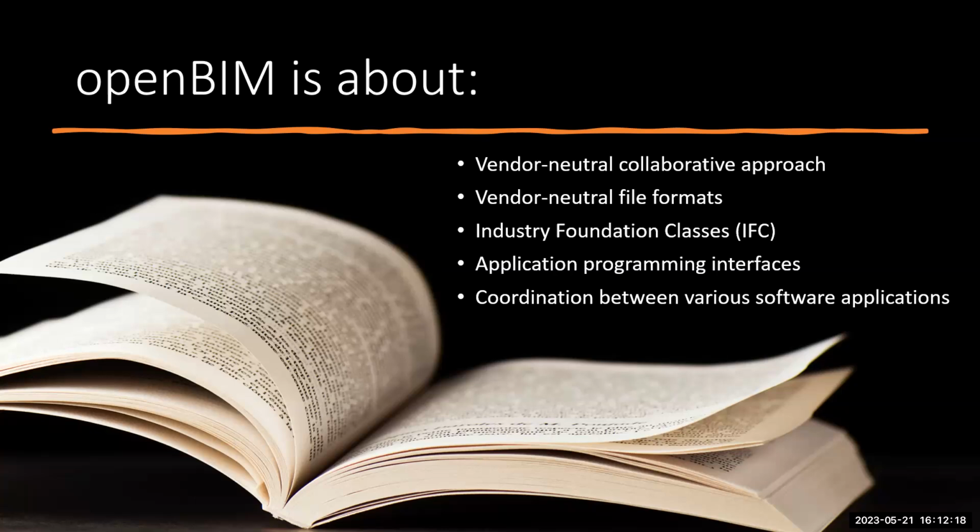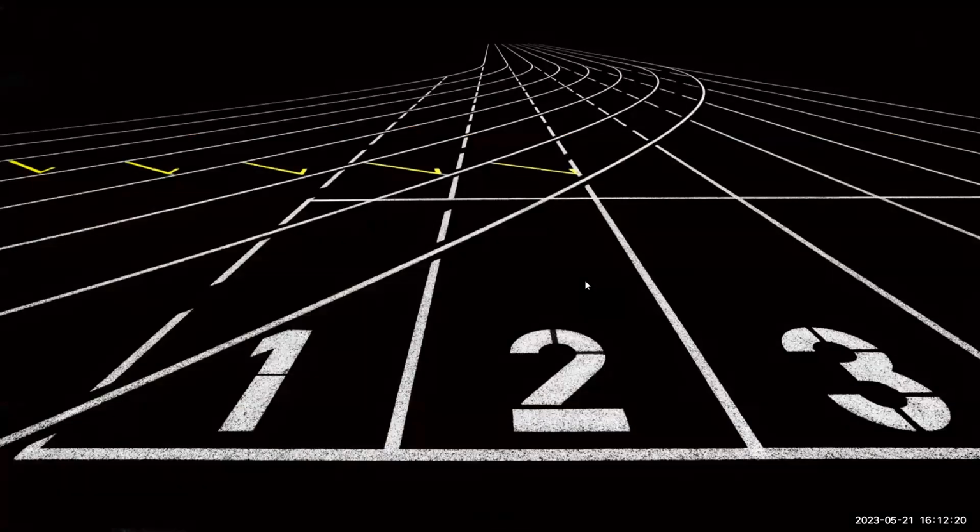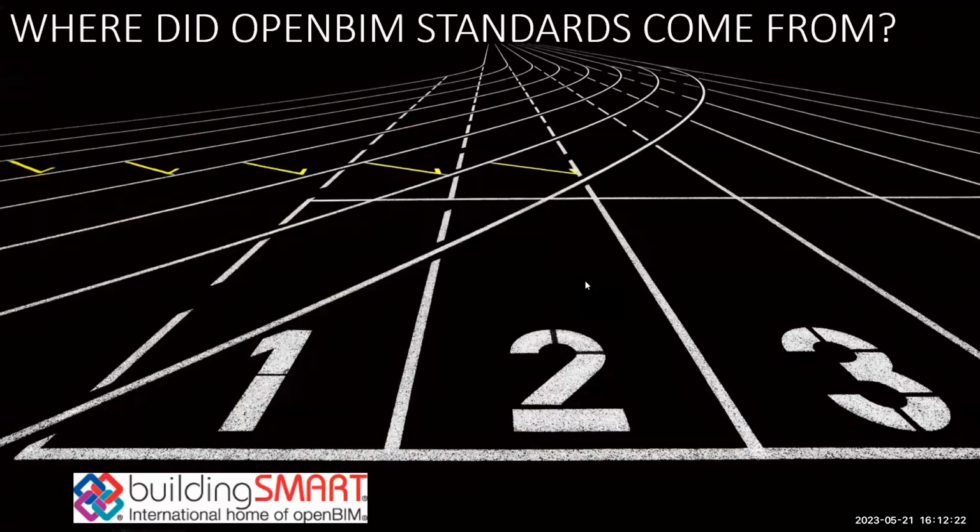Okay, so we will be talking about the history. Where did the OpenBIM standard come from? So again, OpenBIM originated from Building Smart Alliance, a consortium of construction companies, software developers, and other interested parties.